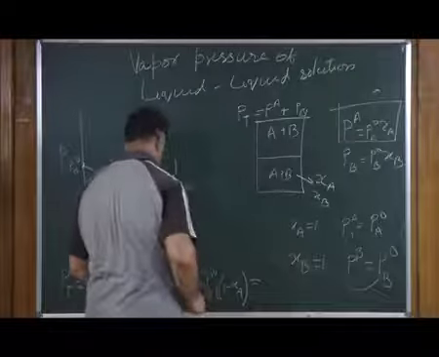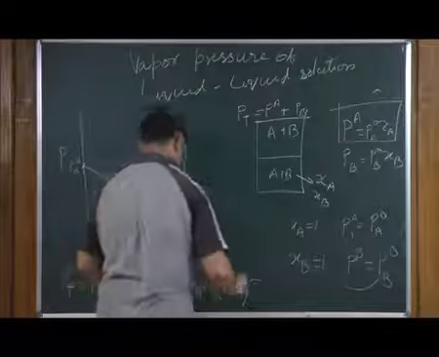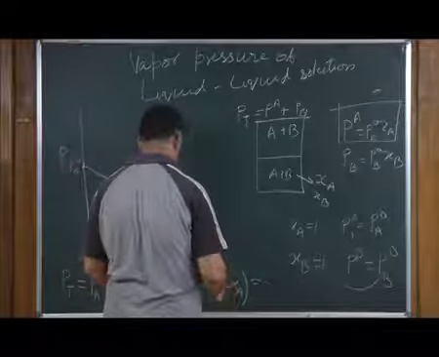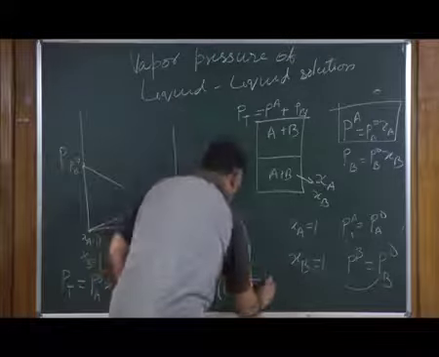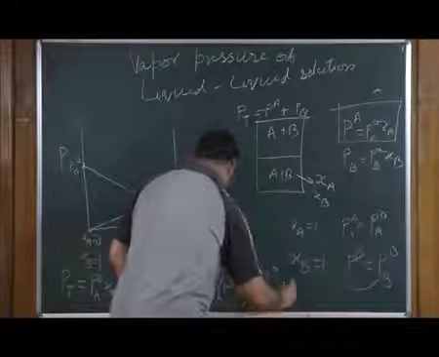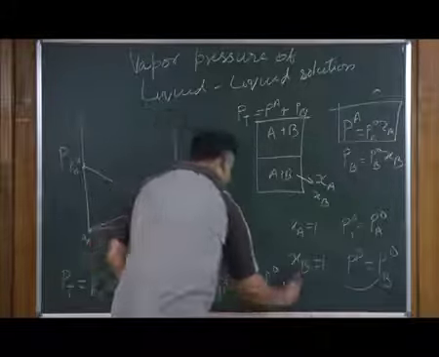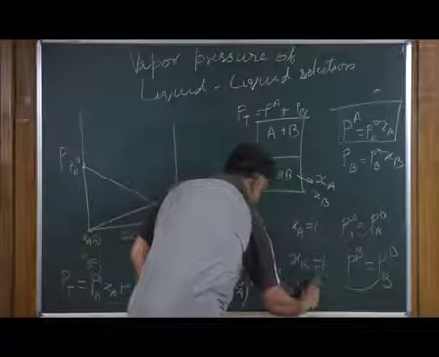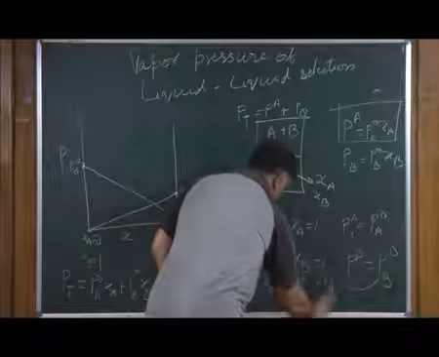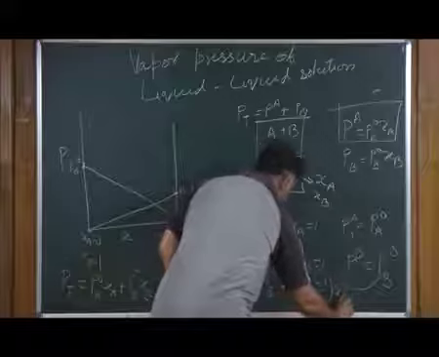So, I get P B 0 plus (P A 0 minus P B 0) X A.